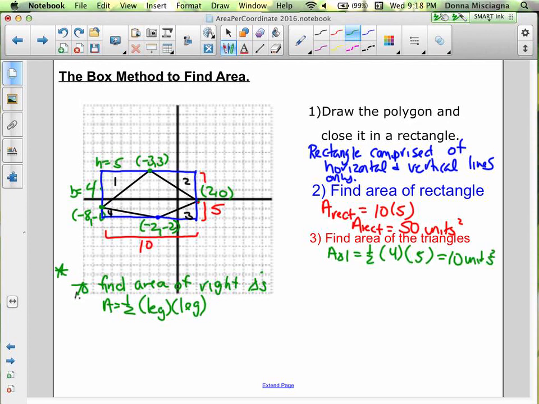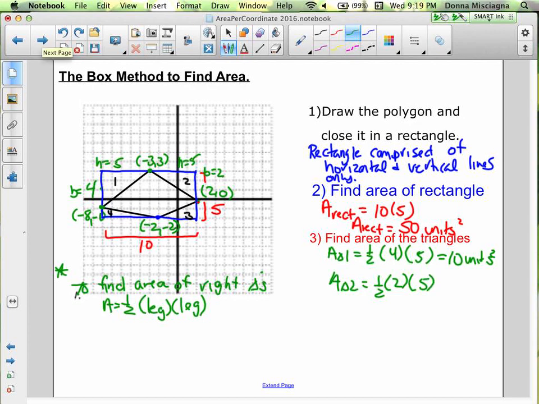Then we'll find the area of triangle 2. So we got the 1/2 there because it's a triangle. Base here 1, 2. And my height 1, 2, 3, 4, 5. So the area of that second triangle is going to be 1/2 times 2 times 5.